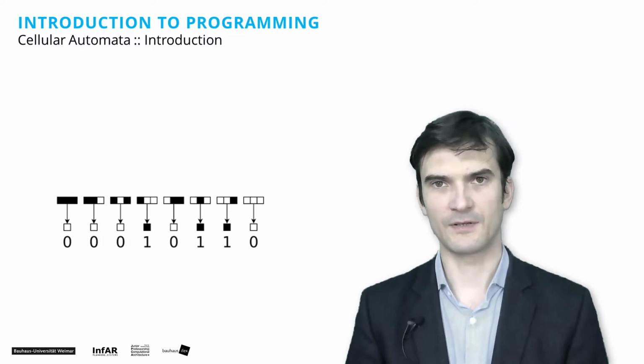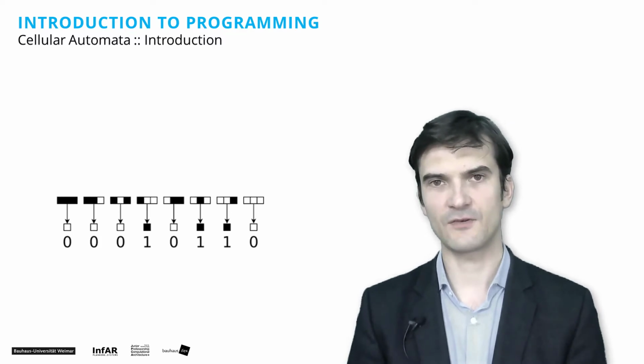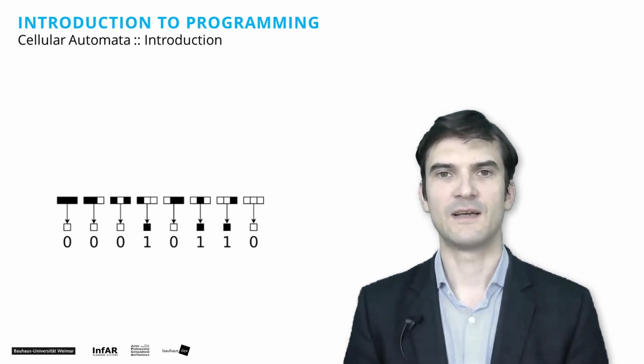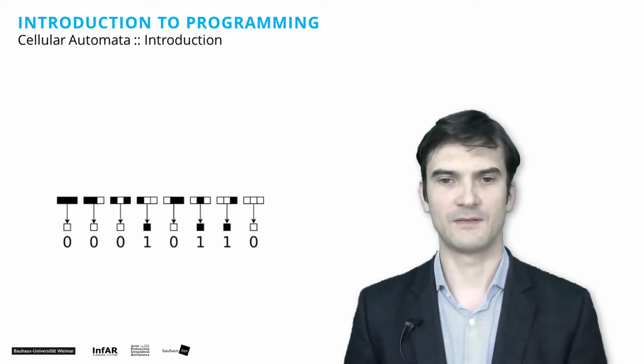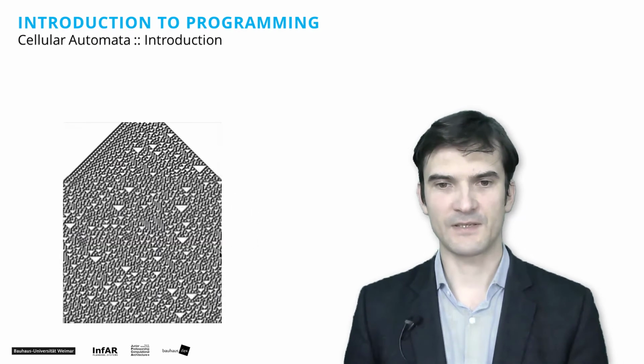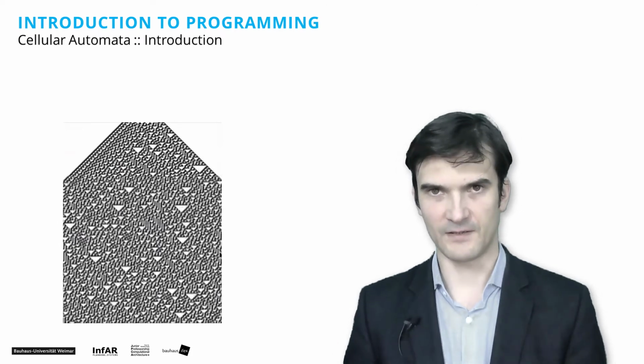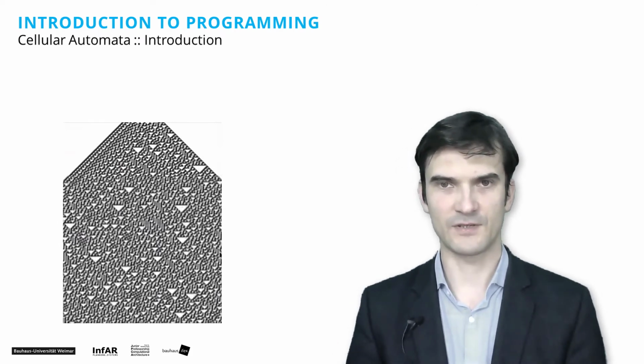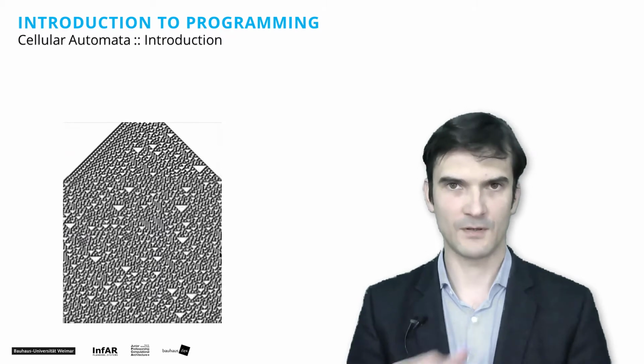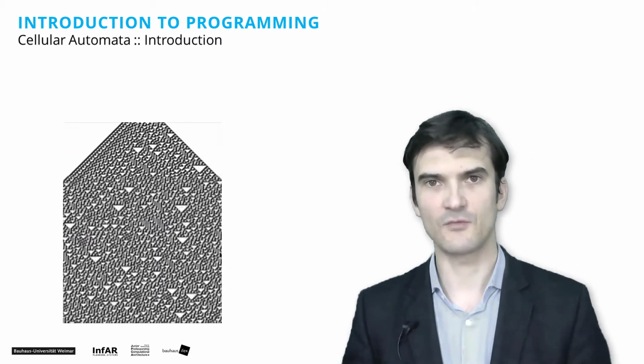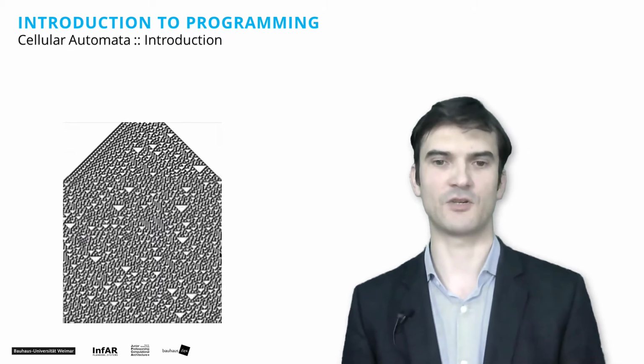Often the different states or iterations of this automaton are visualized in one row after the other, which creates a kind of two-dimensional pattern. But this 2D pattern results from the iterative development of a one-dimensional automaton.